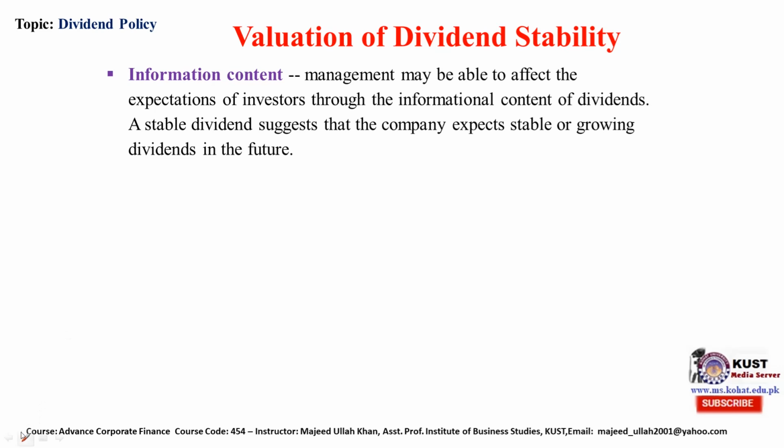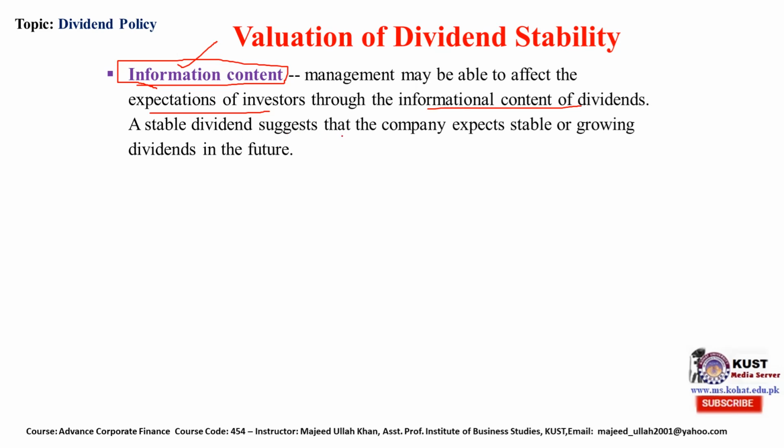Valuation of dividend: how the investor values dividend stability. Informational content is basically what management provides or communicates implicitly by announcing the dividend. Management may be able to affect the expectation of investors through informational content of dividend.